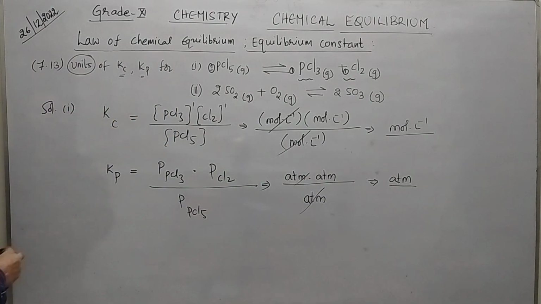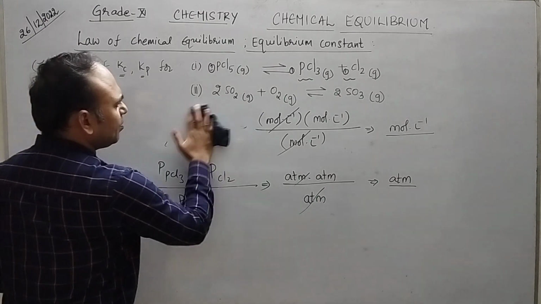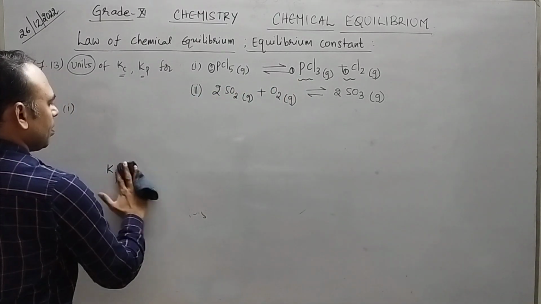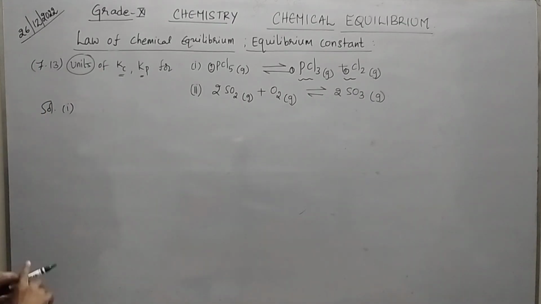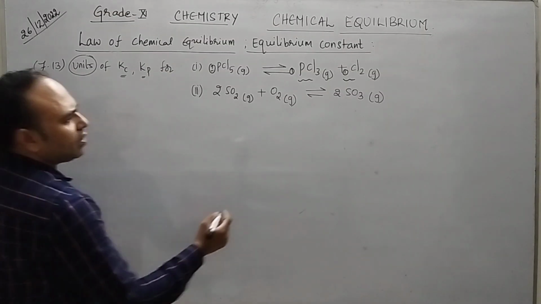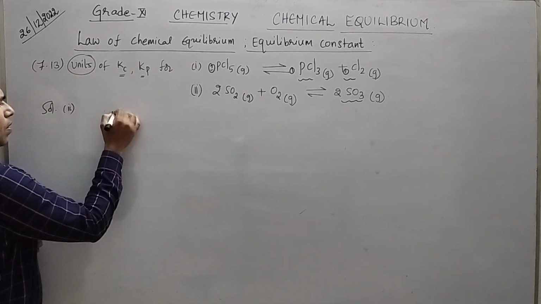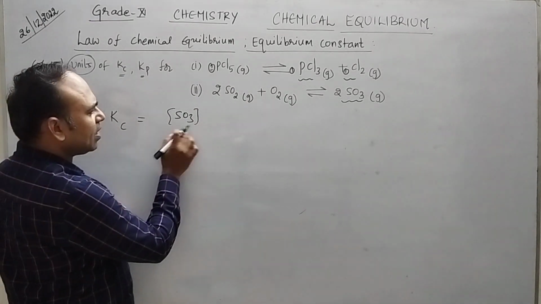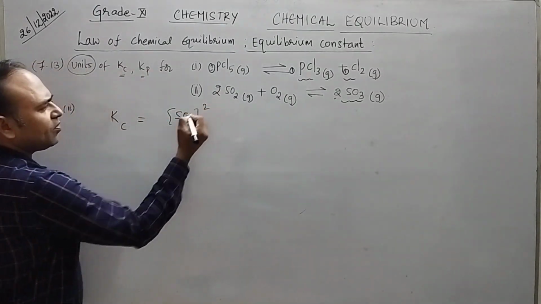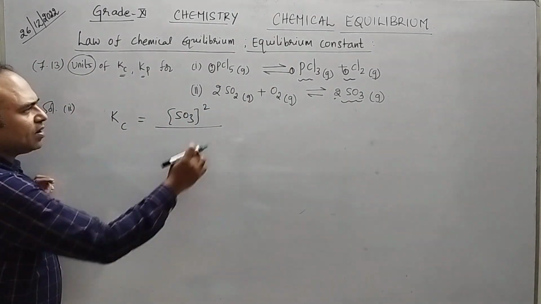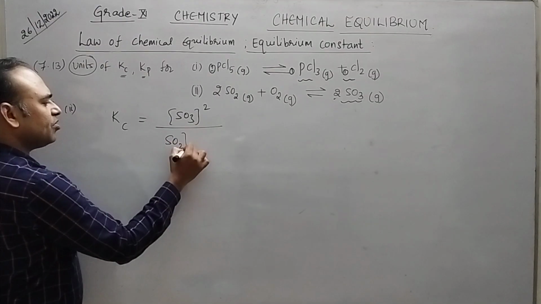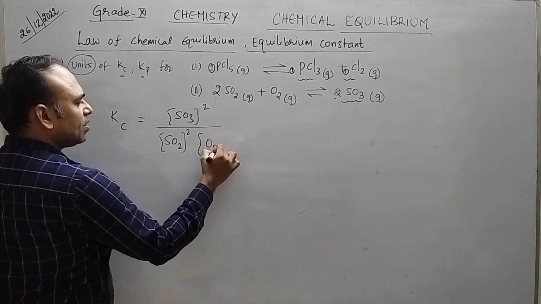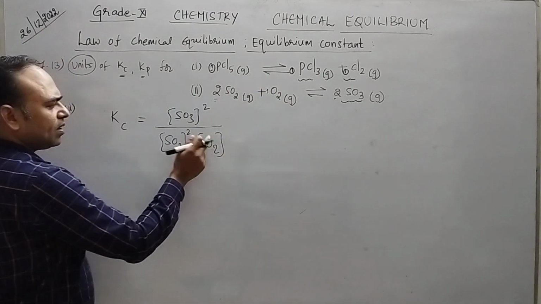Now try to solve the second one. Less than 1 minute you try to solve this. The second one, again you know, product SO3, the concentration in square bracket and coefficient is 2, therefore to the power of 2, and divided by concentration of SO2, coefficient is 2, therefore to the power 2, the concentration of O2, coefficient is 1, hence leave like that.